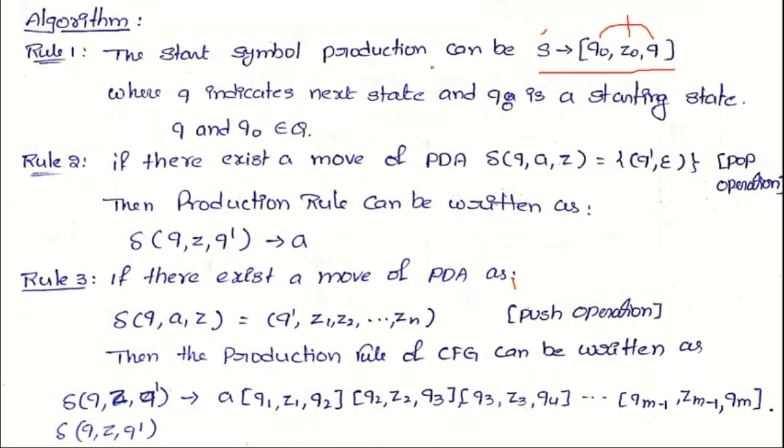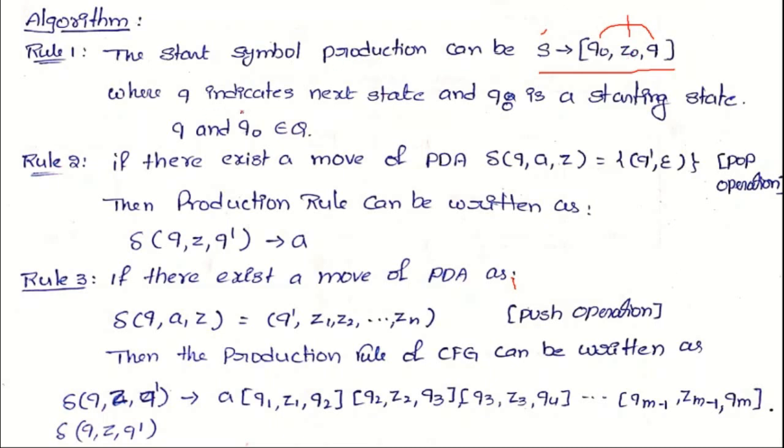To generate production rules from the transitions, we start with the starting symbol S. It derives over whatever states the pushdown automaton has. Here our assumption is 2 states, so Q naught comma Q, otherwise Q comma Q dash. These are the states, and Z naught is the top of the stack.